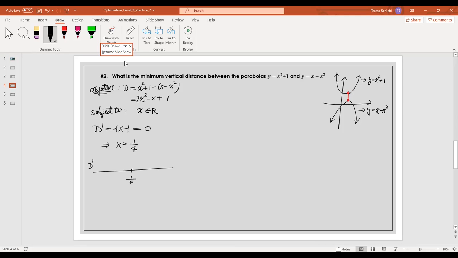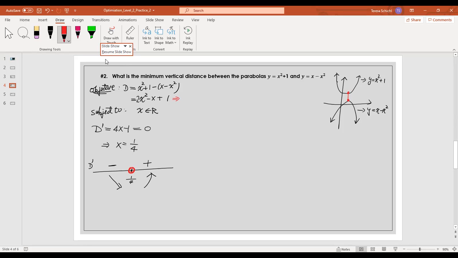So for anything less than 1/4, this is negative, right? If negative, that means my function is decreasing. All right, then everything greater than 1/4, so if you put 1 here, this is positive. That means it's increasing. Because this is a polynomial, it goes decreasing, and then it's increasing, right?